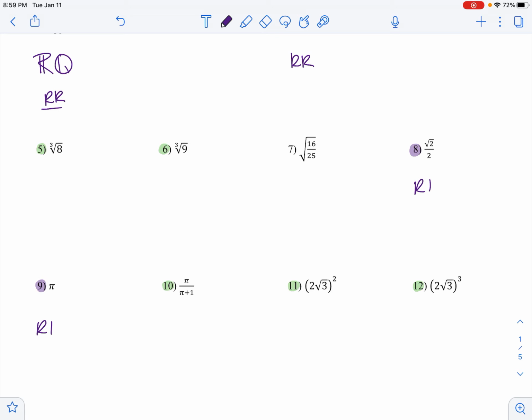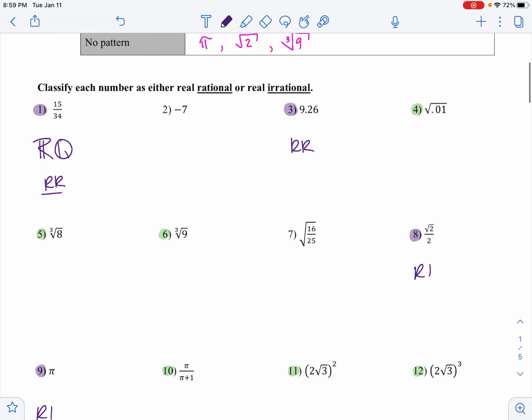A few of these in green, though, you've got to do a little bit of work sometimes. So number 4, I look at it, I'm tempted to say, well, I don't know the square root off the top of my head. But you've got to do your work with your square roots. What is this? This is 1 in the hundredths place. So this is 1/100th. Oh, wait, I know both of those square roots.